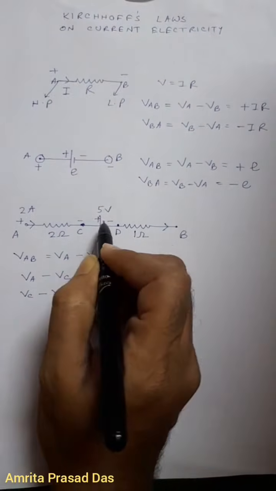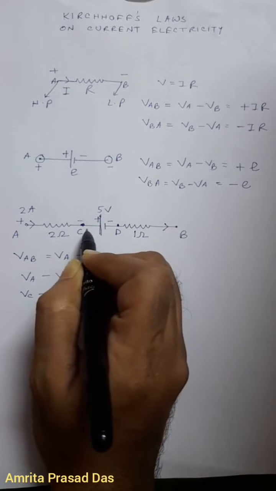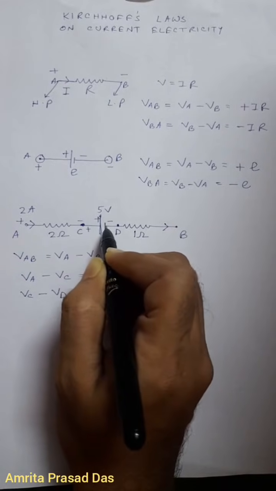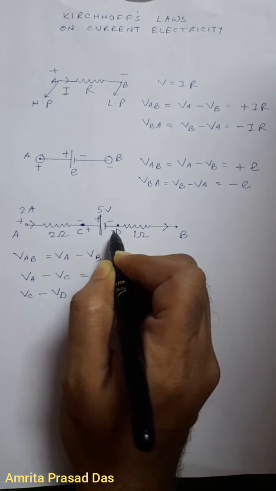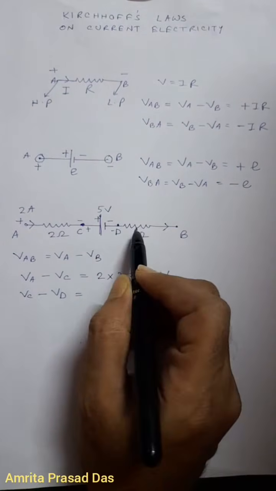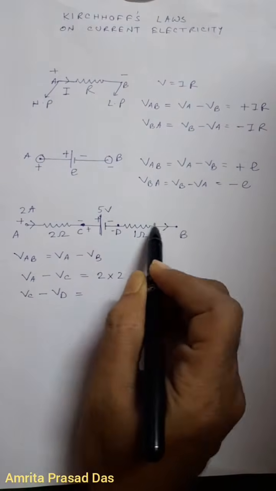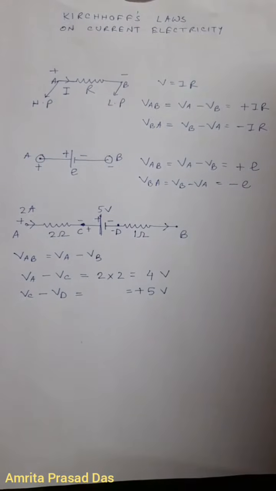Because again I can say that positive of the cell is connected with the C point and negative of the cell is connected with the D point. Now current is flowing through 1 ohm resistance and it is flowing from D to B. We know that when current flows through a resistance, it always flows from the high potential to low potential end.